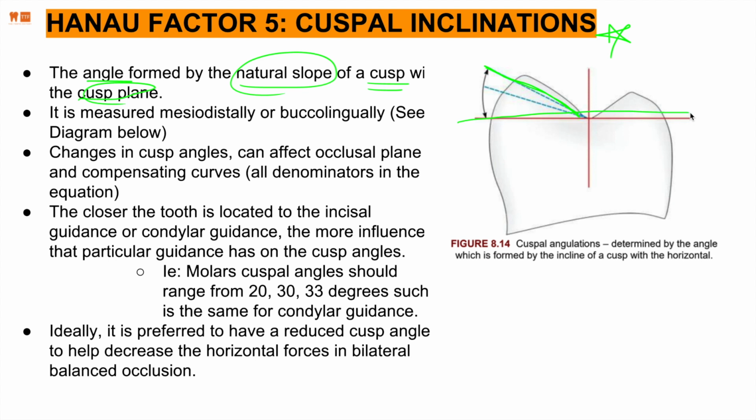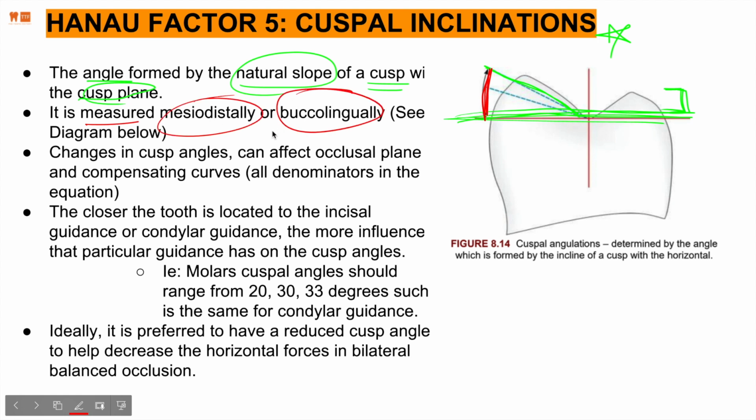It's this, the horizontal. That's where the cusps lie. The cusps are sitting right here. That's the cuspal plane. So in other words, that angle right there is your cuspal inclination. It is measured mesiodistally and buccolingually. And we'll look at the diagrams in a second here.